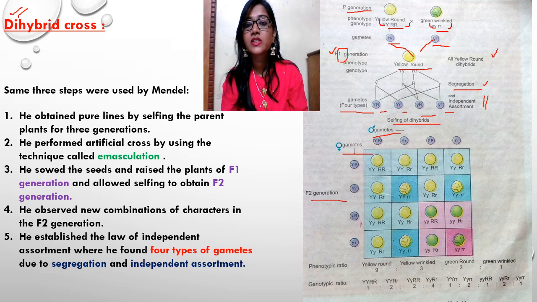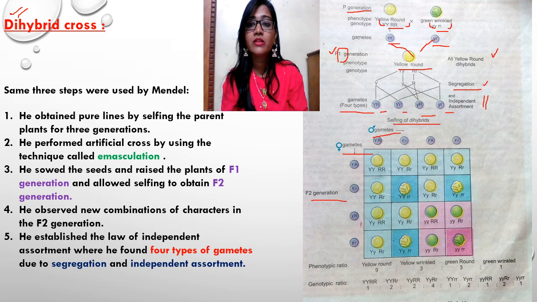But surprisingly, in the F2 generation, Mendel found that some yellow seeds were wrinkled. So the wrinkled character, which was in the green seeds, was found to be expressed in the F2 generation. It is a new character.